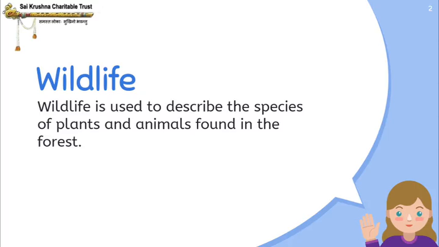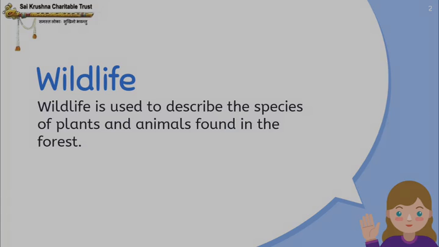What do you mean by domestic animals? Which are they? Yes. So cow, goat, sheep, hen. So all these things that you rear in your home are called domestic animals. So here it does not include the domestic animals. Okay, so wildlife refers to plants and animals which are existing in the forest, like wild animals.